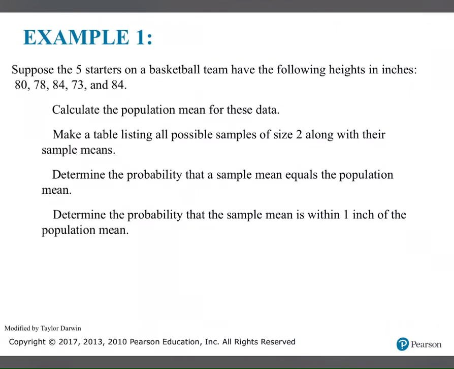Okay, so let's say we have 5 starters on a basketball team that have the following heights: 80, 78, 84, 73, and 84. Calculate the population mean for these data. This is all of the people on the basketball team, so this can be considered our population.